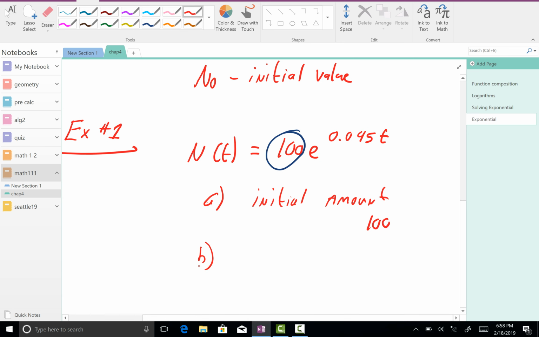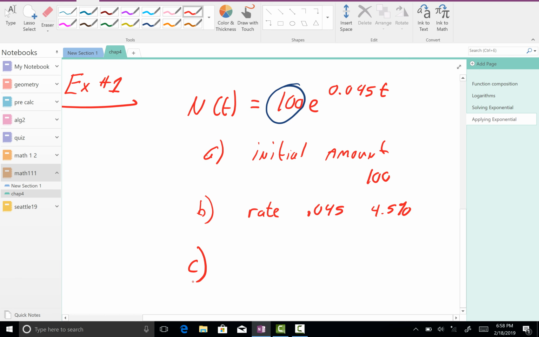So let's see if we get something. What is the growth rate? Well, k is the positive constant that represents the growth rate. So the growth rate is 0.045. Unless they want it as a percent, 4.5%.